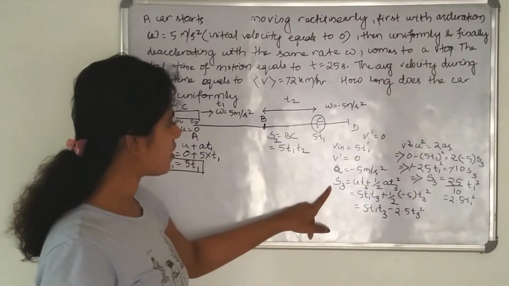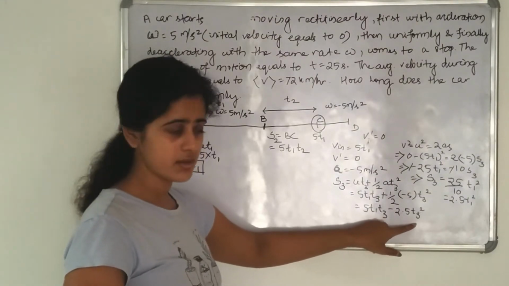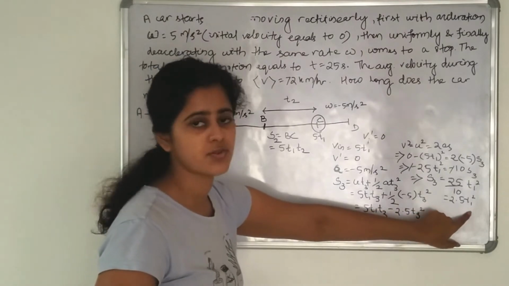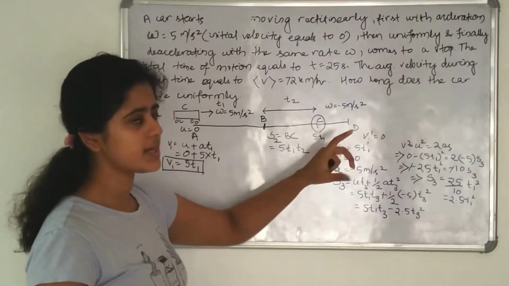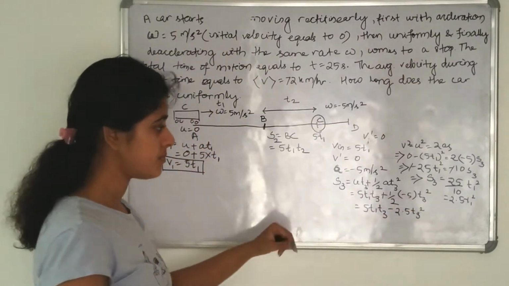So here we have got 5 T1 T3 minus 2.5 T3 square, and here we have got S3 equal to 2.5 T1 square. But we know that the CD length is the same, so S3 here and S3 here are equal.